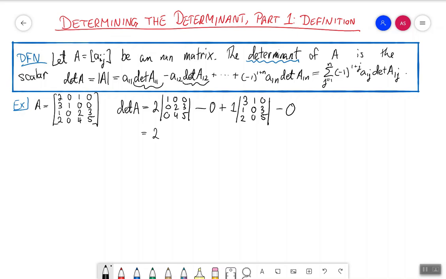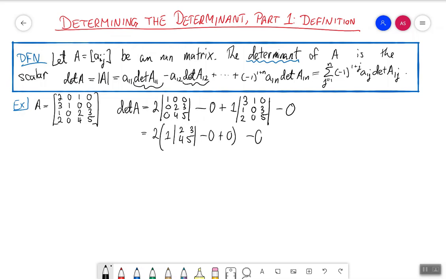Here we have 2 times the quantity. We have 1 times what's left over when we remove that row and that column. So we get 1 times the determinant of 2, 3, 4, 5. But the rest of that row is 0, so we have minus 0 plus 0.